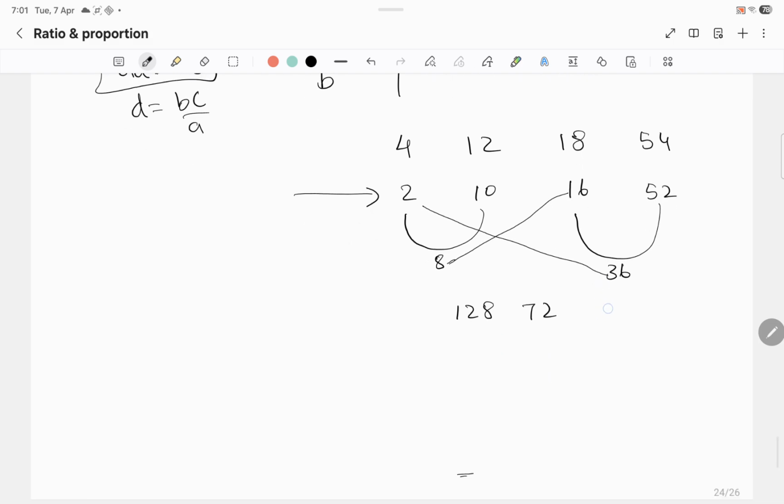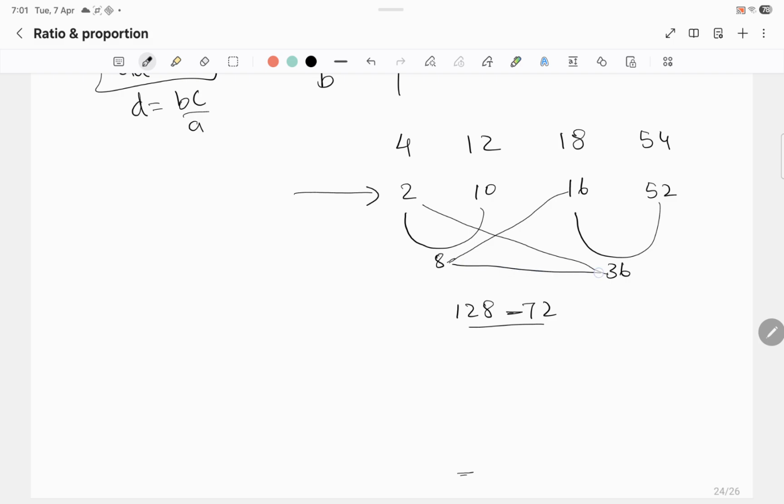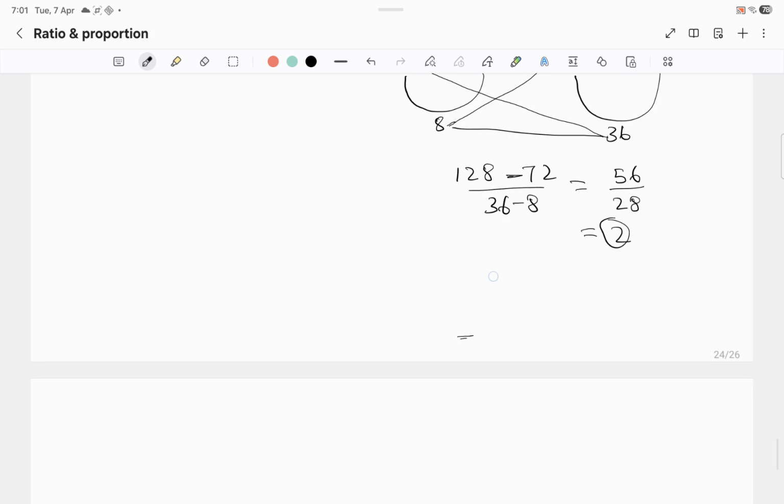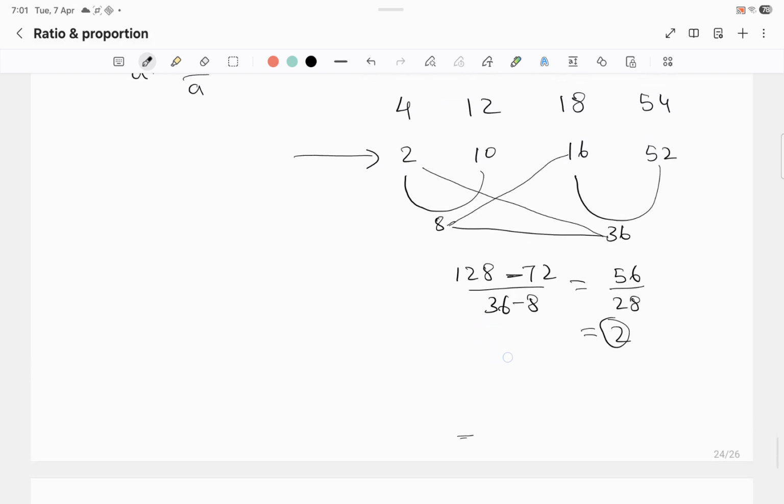Now this difference should be divided by the difference of these two, 36 minus 8. Now 128 minus 72 is 56, by 36 minus 8 is 28. 56 by 28 is 2. We got the answer. Apply the same technique whether increase or decrease. Same process. Hope you understood this.